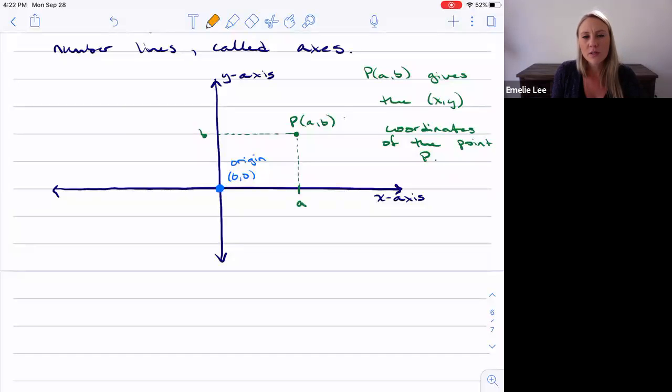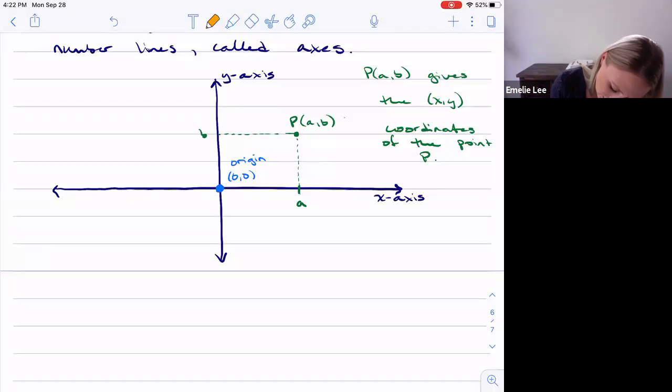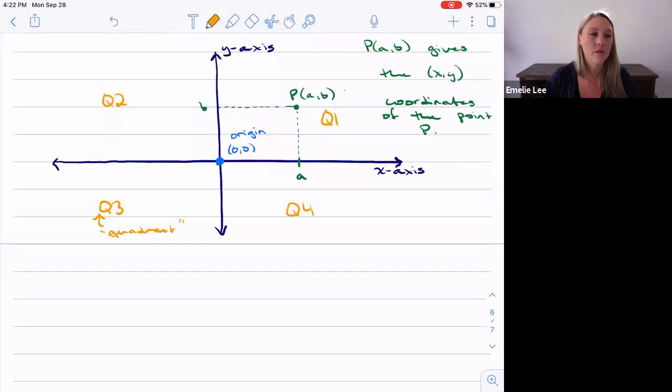You might also remember that there are 4 quadrants, right? Even just looking at this grid, I can see that there are 4 quadrants, but we use Q1, so this is quadrant 1, quadrant 2, quadrant 3, and quadrant 4, where Q just stands for quadrant.